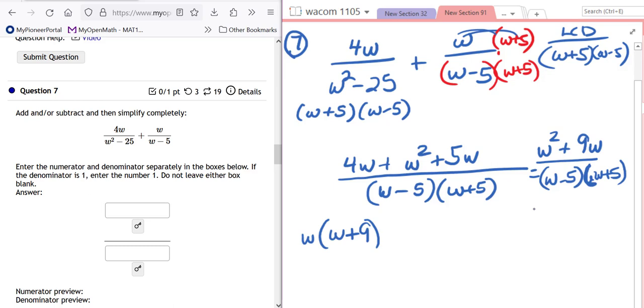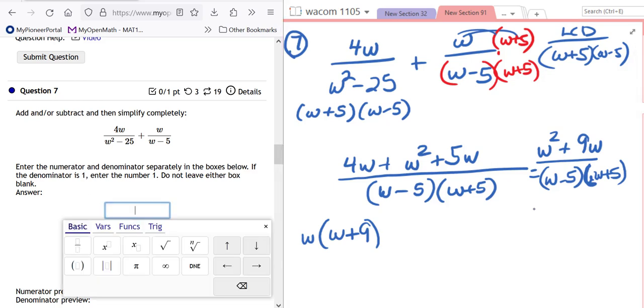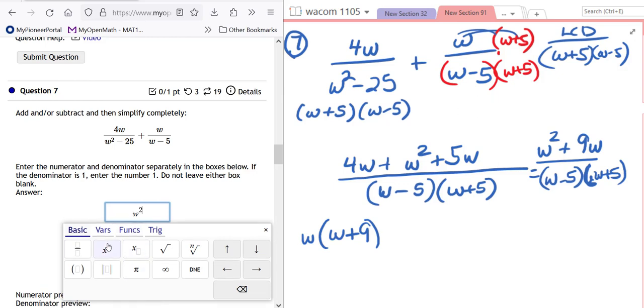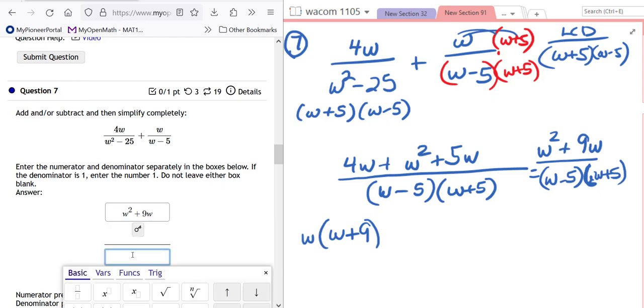All right. They kind of split up the boxes here. I'm not sure why they have that done, but all right. So W to the second, and then we're going down. Plus 9W over parentheses.